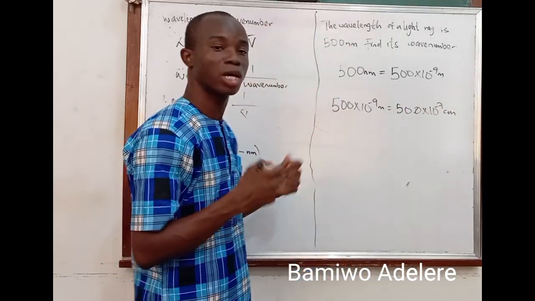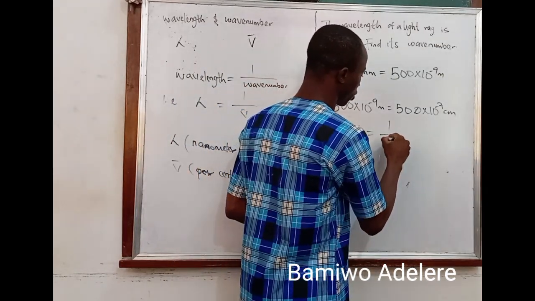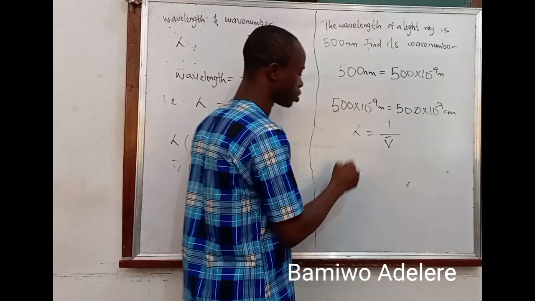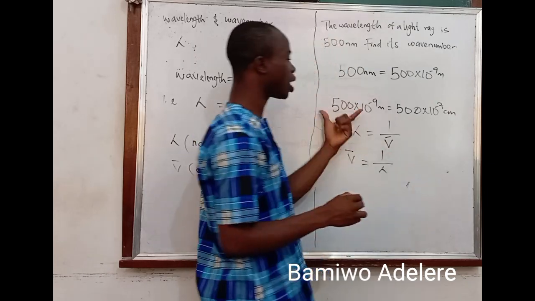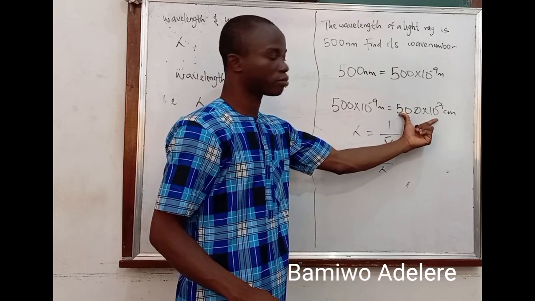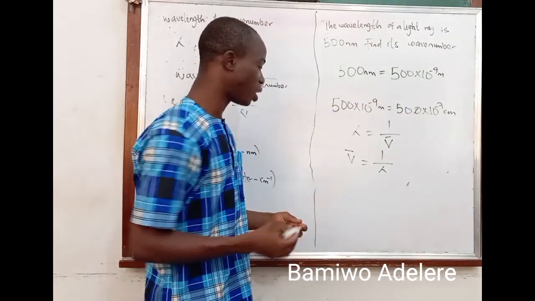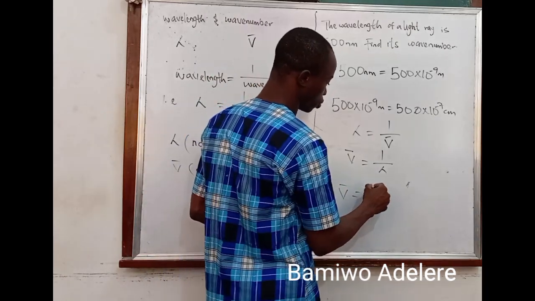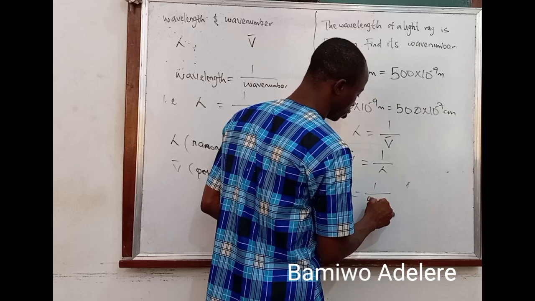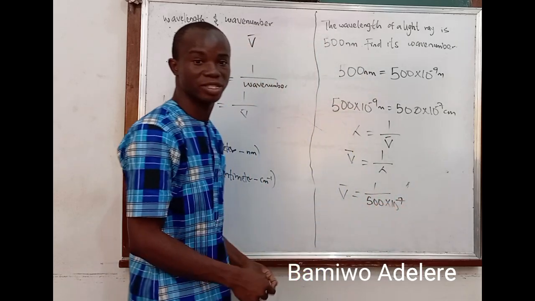The last thing to do is to use your formula, which is that lambda equals 1 over v bar, which we can also say as wave number equals 1 over lambda. Now that we have our lambda in centimeter, we can say that v bar equals 1 over 500 times 10 to the power minus 7 centimeter.